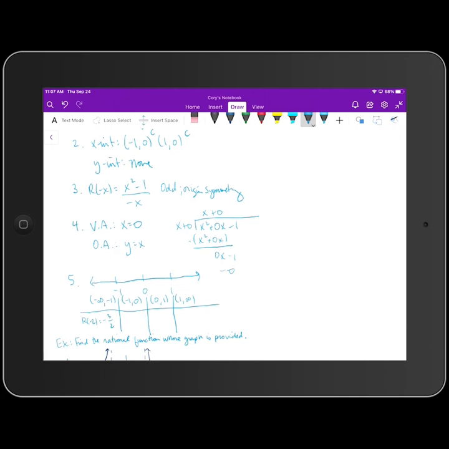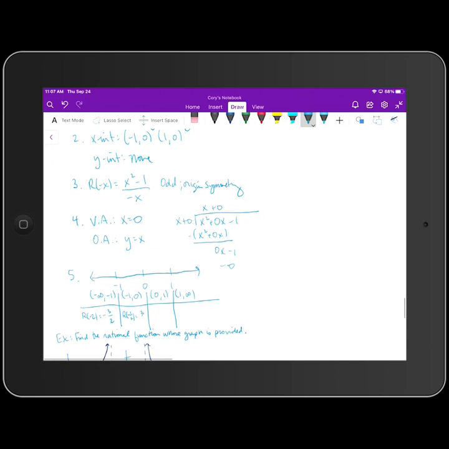The value that we're going to pick on the next interval is going to be r of -1/2. Like I have to pick a fraction on that interval. Okay, so r of -1/2 winds up being +3/2.